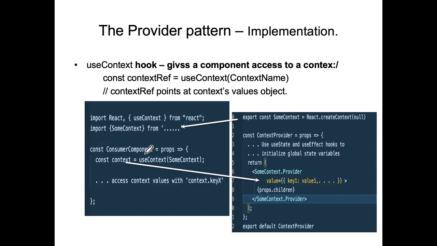That's number 1. Number 2, for this component to access the context, it needs to use a special hook called the useContext hook. And the argument that we pass to the useContext hook is our reference to the context that we've imported. Now, this expression here, what it returns is essentially the object that you assigned to the values prop over here. So in other words, that variable there is pointing at what I keep referring to as my orange box.